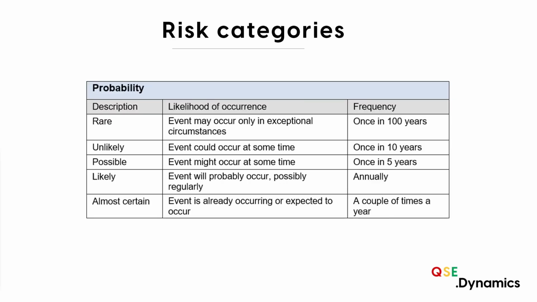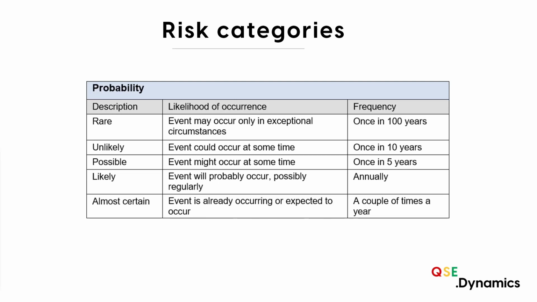And that's what's been done here. You can see that a rare type of probability has a frequency of once in 100 years, and then almost certain is a couple of times a year. Again, you don't have to use this type of frequency descriptor. You can really have a think about how you want to frame this yourself.